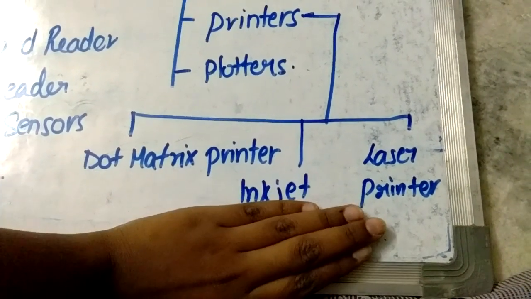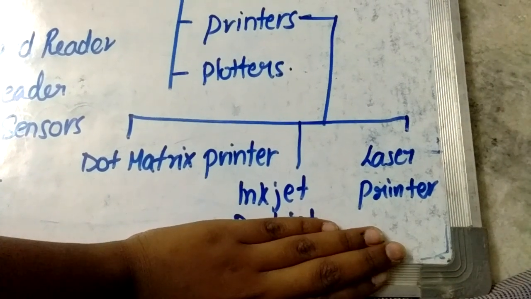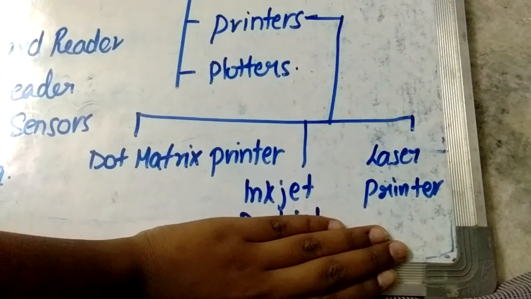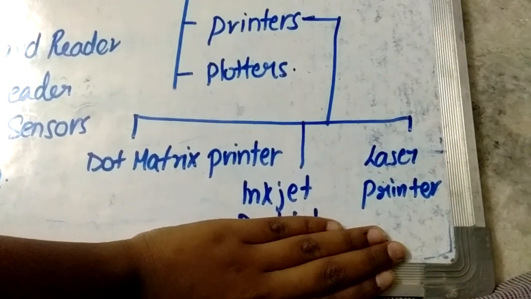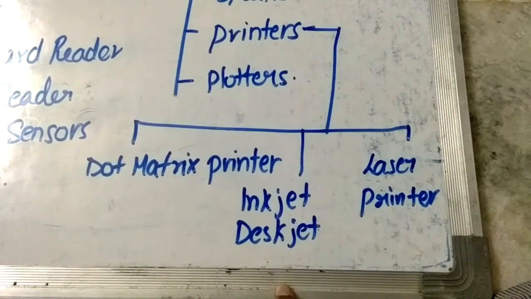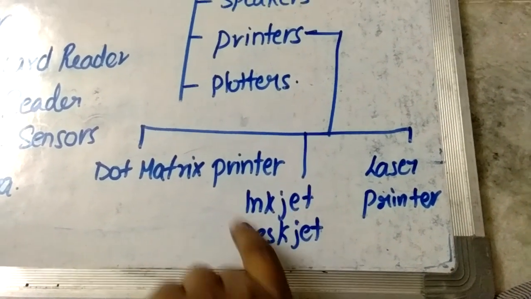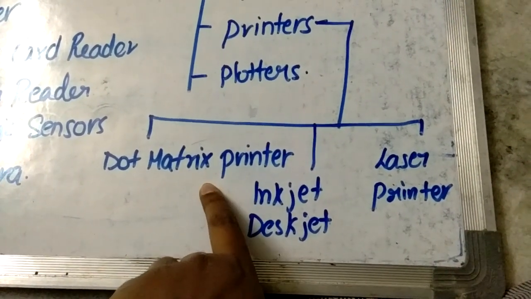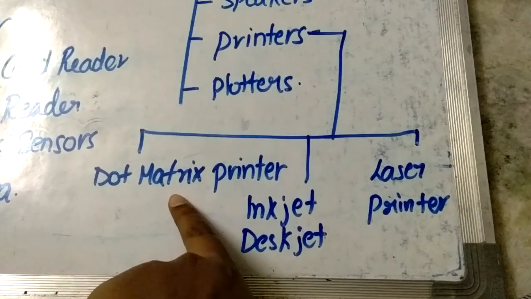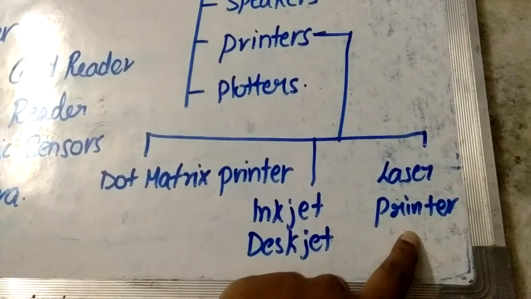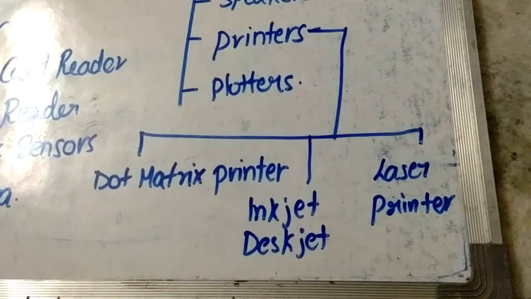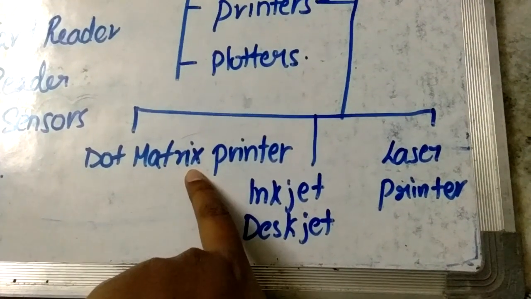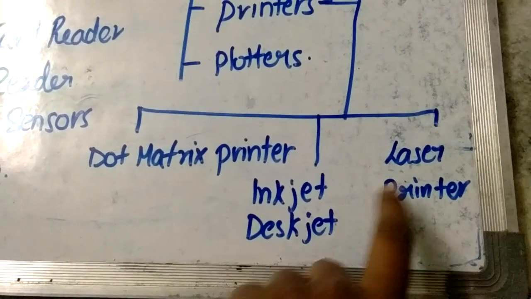Inkjet printers are low cost printers, controlled by a stream of ink for printing. So a controlled stream of ink is used for printing in inkjet printers, whereas dot matrix printers use a soaked ribbon of ink. And laser printers, by the name, use laser technology for printing. Once again, a quick review: ink-soaked ribbons, controlled stream of ink, laser technology.